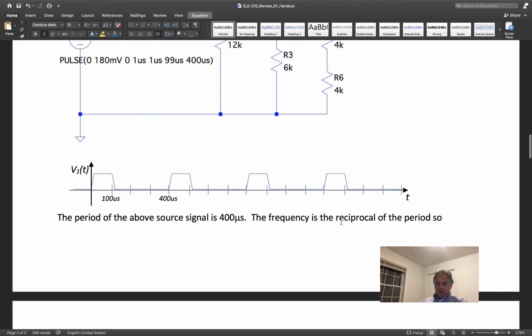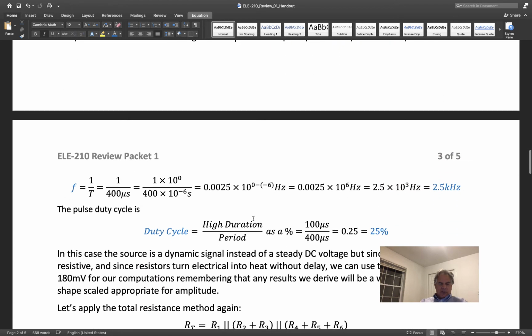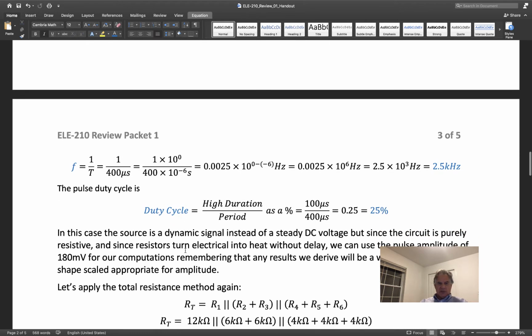So the period of the signal, since it repeats every 400 microseconds, is 400 microseconds. And the frequency is the reciprocal of the period, so F equals 1 over T equals 1 over 400 microseconds. Here's our scientific notation. And we get 1 times 10 to the 0 over 400 times 10 to the -6 seconds. And we come out with this number, 0.0025 times 10 to the 6.